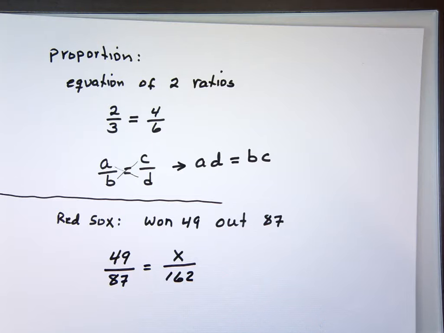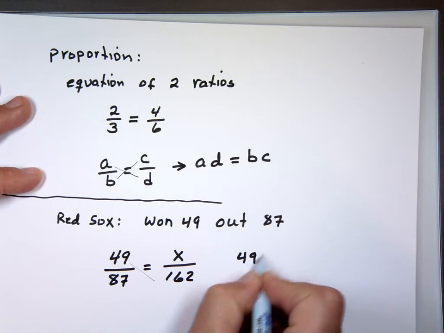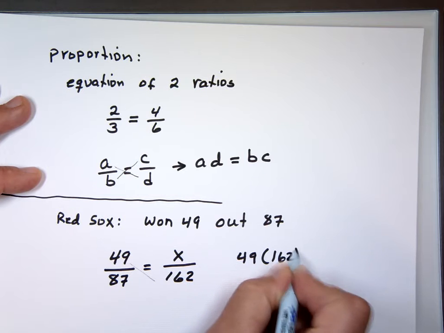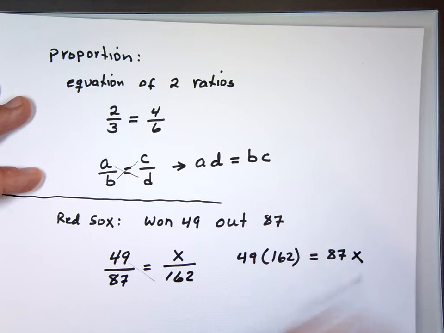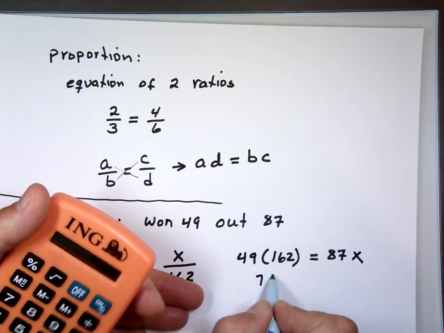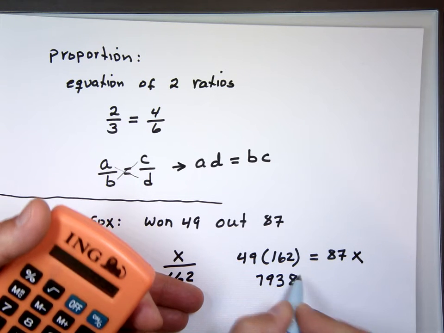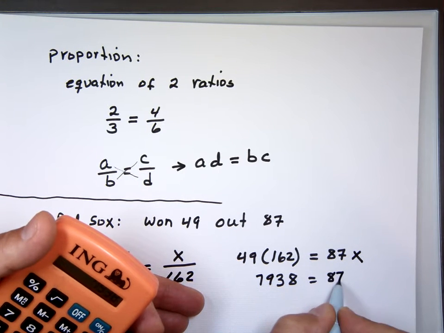Well, how do you solve them? We do cross multiply. We go 49 times 162 should equal 87 times x. When you multiply these two numbers, 49 times 162, it's 7938 equals 87x.